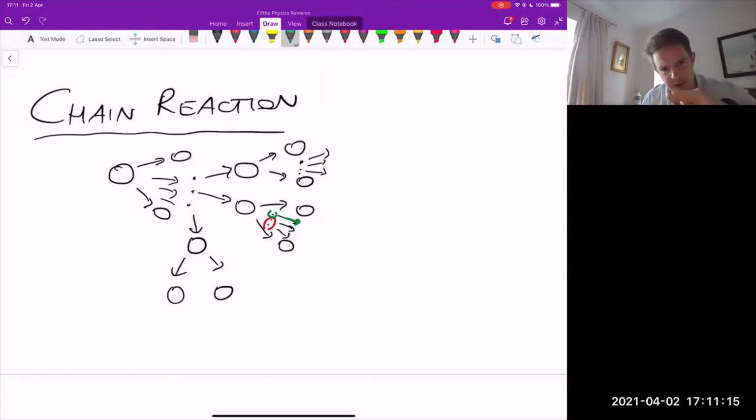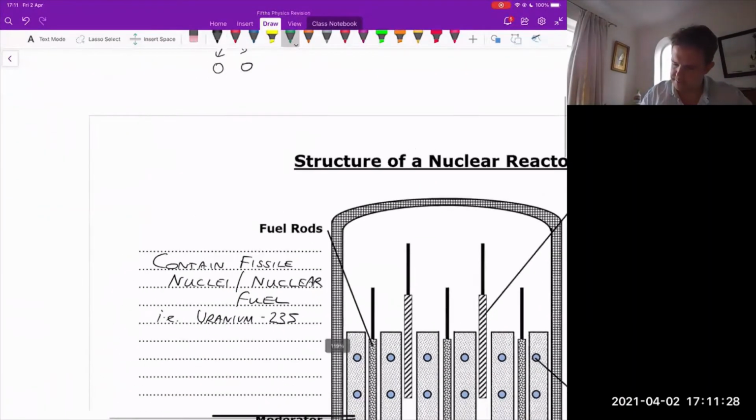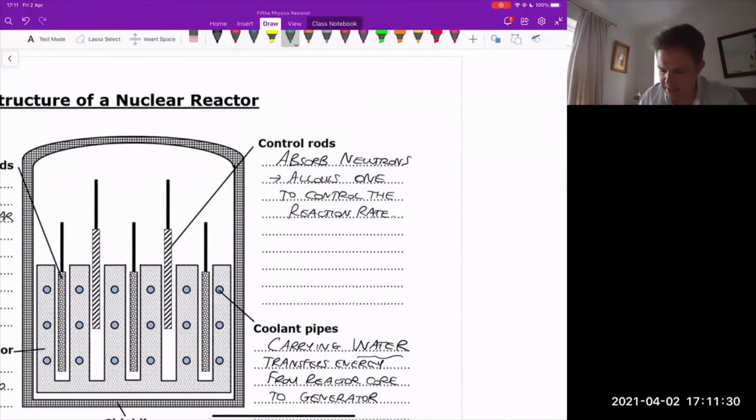Once you've got a reaction rate you're happy with, you can absorb maybe 2/3 of the neutrons to keep the reaction rate going at a constant rate, but not growing exponentially. So typically, what you need to know is ultimately that control rods absorb neutrons and allow one to control the reaction rate.